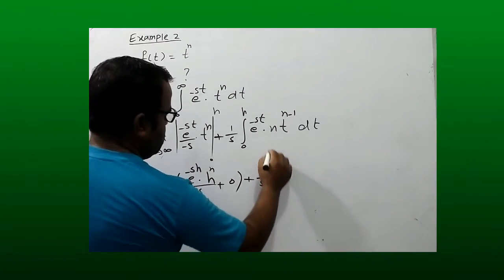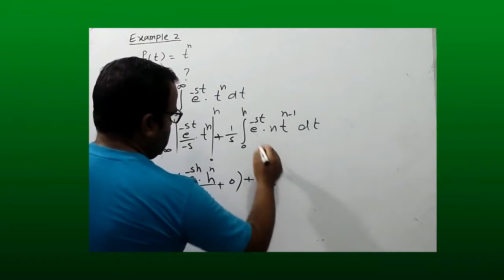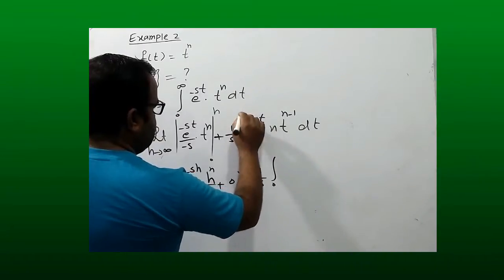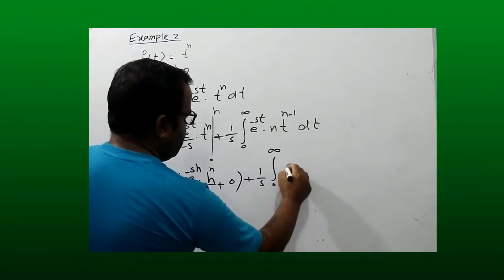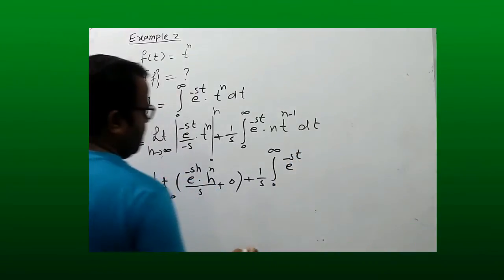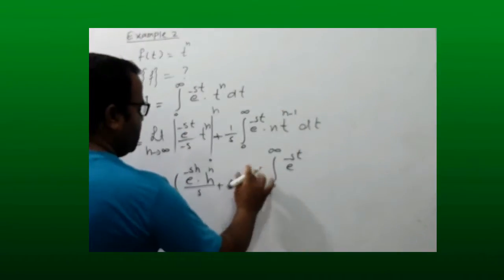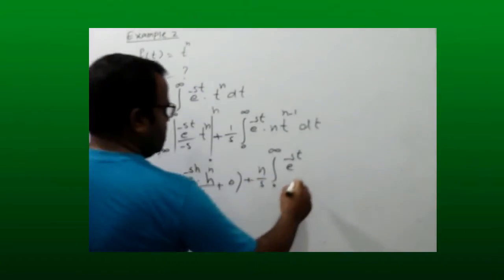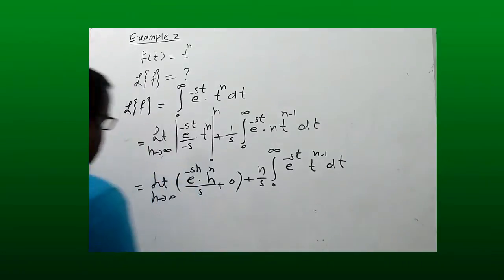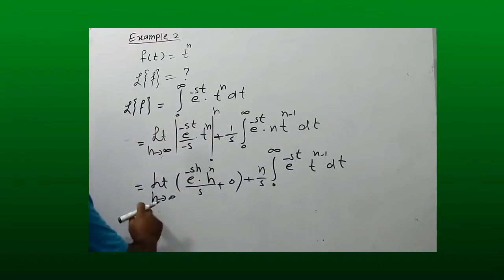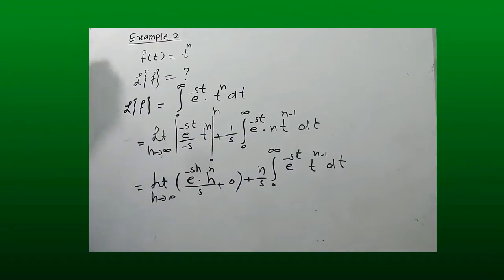and the integral from 0 to infinity of e raised to the minus st, and I am writing n over here, times t raised to the power n minus 1 dt. So when we put h over here, of course we get infinity.